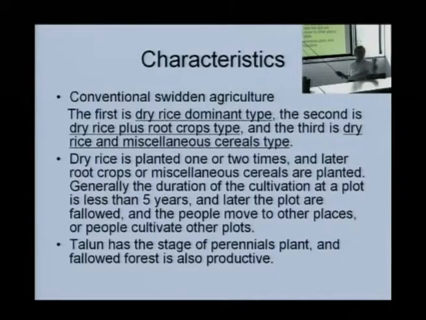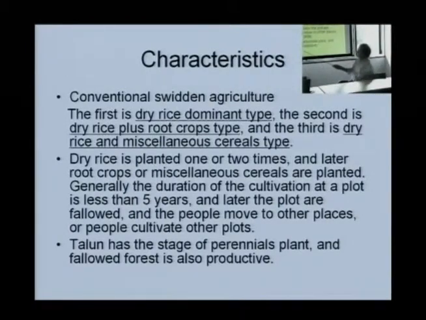So this is a common practice of shifting cultivation, or slash and burn. People first burn and plant dry rice. After dry rice, people plant root crops, for 5 years of use. After that, they move to another place. That is a common practice, but the combination of planting is different. Sometimes dry rice only, the second is dry rice plus root crop, and the third is dry rice and miscellaneous cereals such as millet and so on.